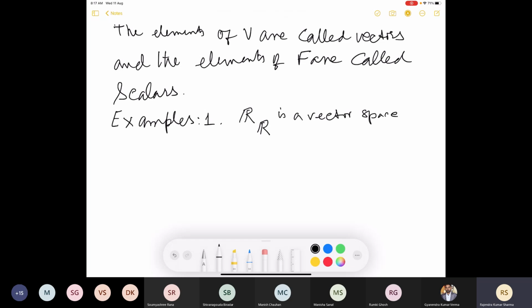And since it's a field, with respect to addition it's an abelian group. So V also can be taken as R. Other properties can easily be verified that make R a vector space over R. And for that matter, you can take that Q, the set of rationals, over Q is also a vector space.